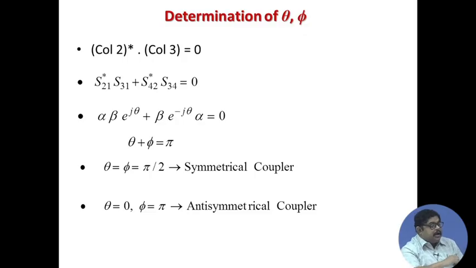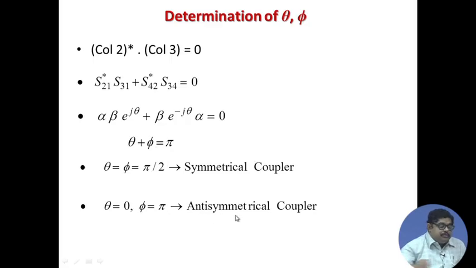In a symmetrical coupler, this equation theta plus phi is equal to pi is solved so that both of them are taken as the same phase, theta and phi both are taken as half of pi, that is pi by 2, that is called symmetrical coupler. If we take the anti-symmetrical coupler, then theta is taken 0 and phi is taken pi.